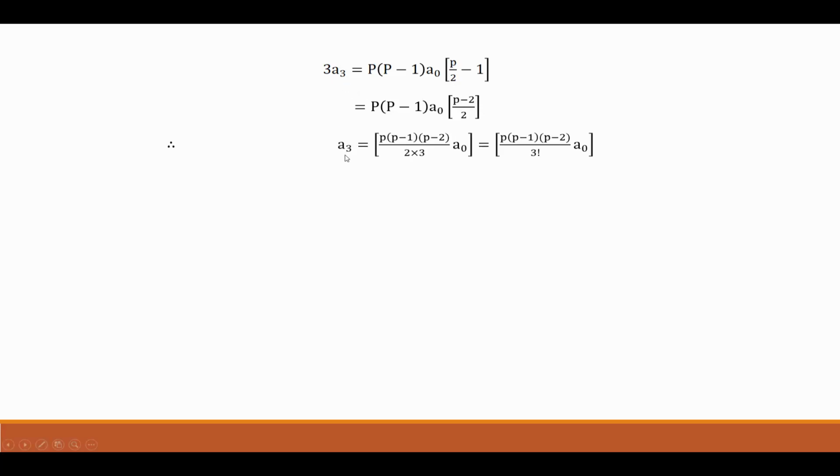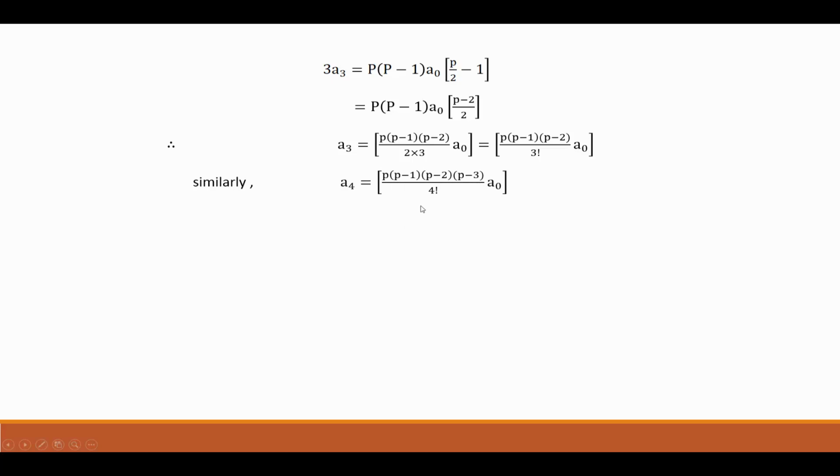Divide by 3, we get a3 equal to p minus 1 p minus 2 upon 2 into 3 into a0, equal to p into p minus 1 p minus 2 upon 3 factorial into a0. We get the value of a3. Similarly, a4 equal to p into p minus 1 p minus 2 p minus 3 upon 4 factorial into a0.